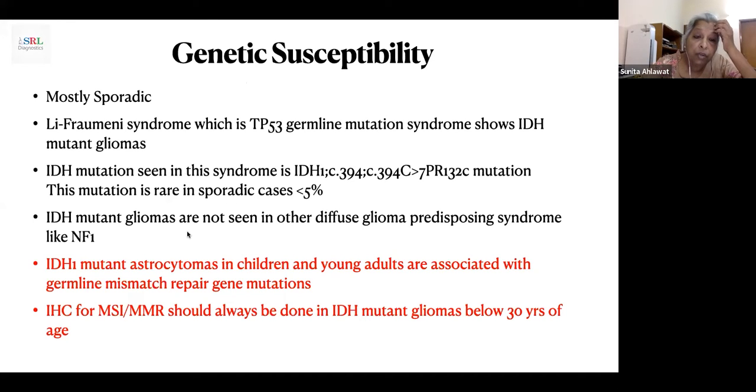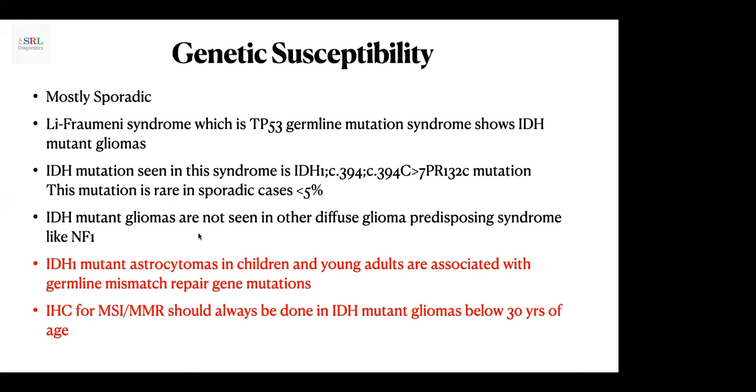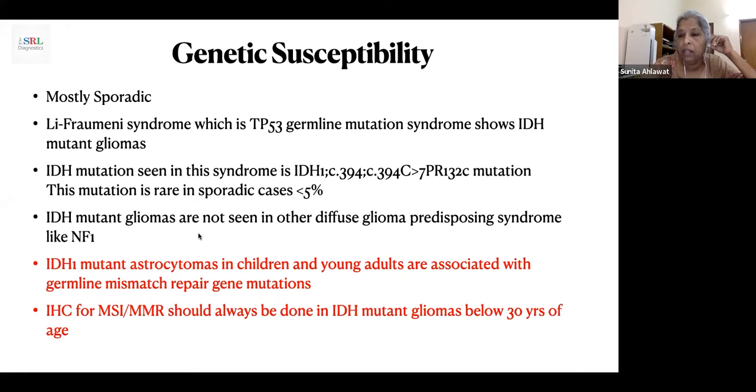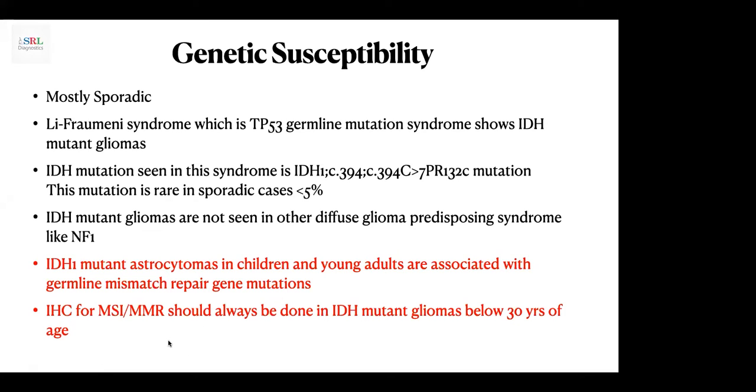The IDH1 mutant astrocytoma in children and young adults is associated with a germline mismatch repair gene mutation. So now it is recommended that all IDH mutant astrocytomas occurring below the age of 30 should be tested for MMR, that is mismatch repair genes, otherwise known as MSI. The IHC is freely available.